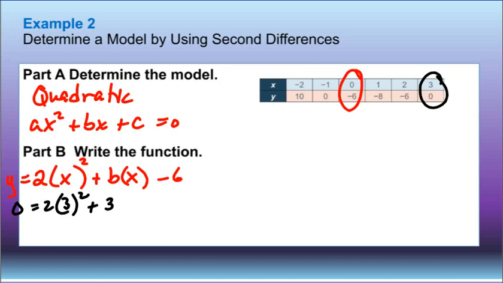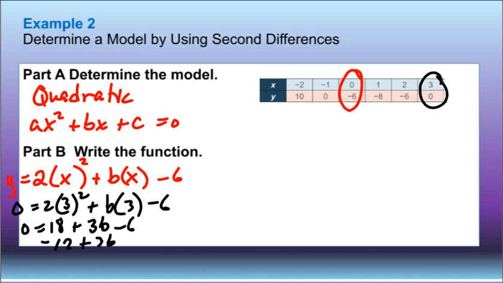So this would be 2 times 3 squared plus b times 3 minus 6. 3 squared is 9. 9 times 2 is 18. Plus 3b minus 6. This has to equal 0. 18 minus 6 is 12. 12 plus 3b equaling 0.